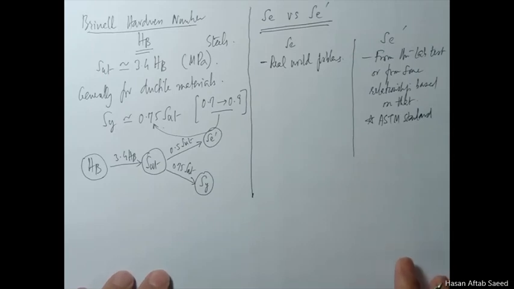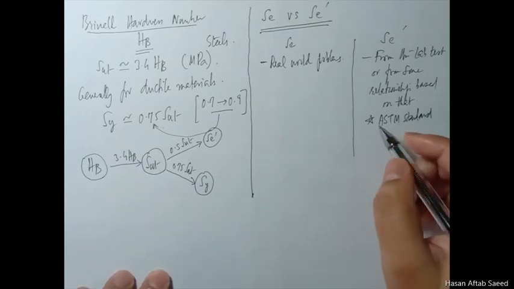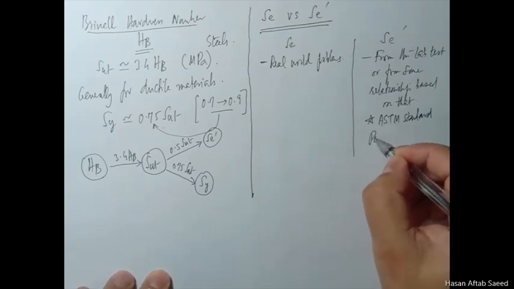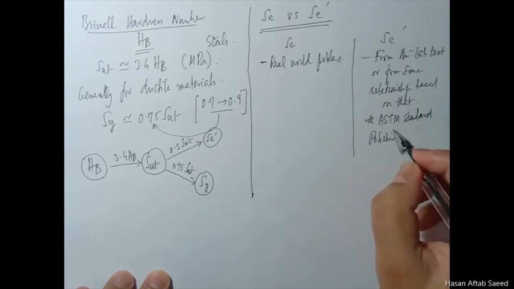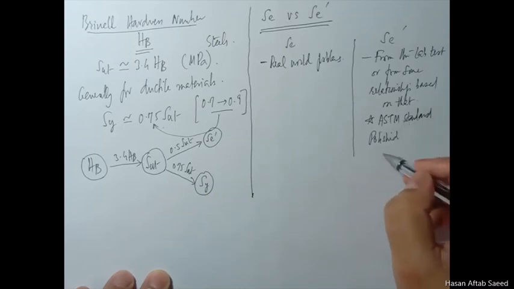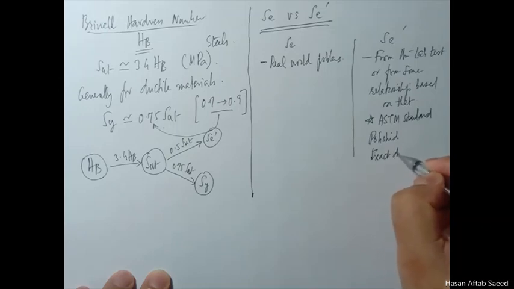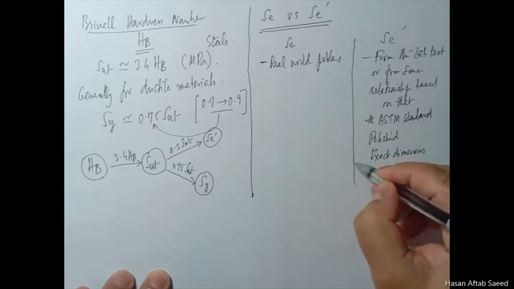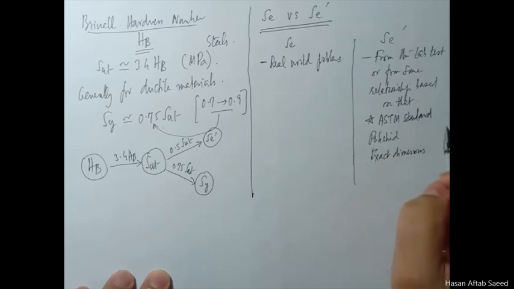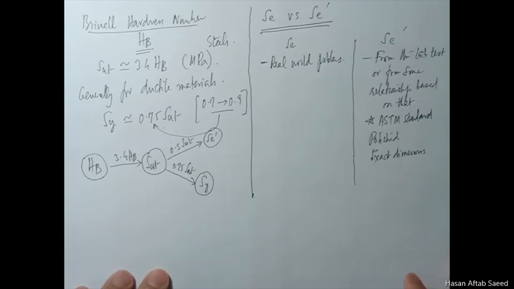Also polished. Now, when we talk about standard, it must be polished, and exact dimensions mentioned in the standard. You cannot just take any sample size, because again the flaws will be proportional to the size of the sample and so on.